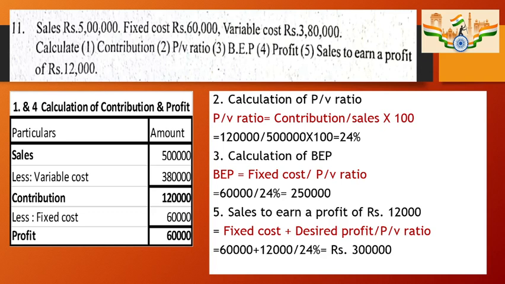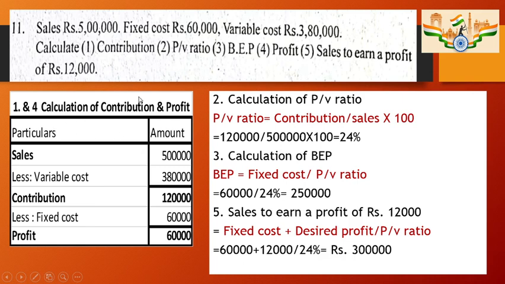on marginal costing. So this is also very simple. Sales rupees 5 lakh, fixed cost 60,000, variable cost 3,80,000. Calculate contribution, PV ratio, BEP, profit, and sales to earn a profit of rupees 12,000. To calculate all this, I have made one cost sheet.